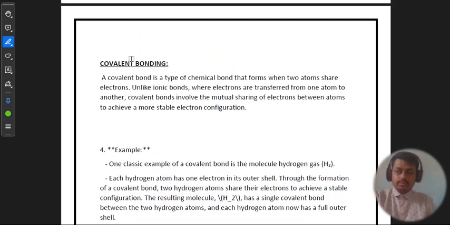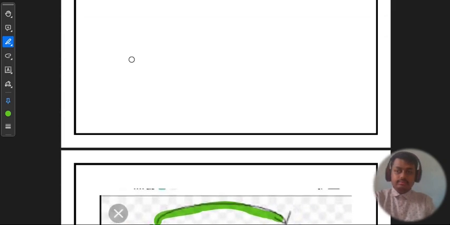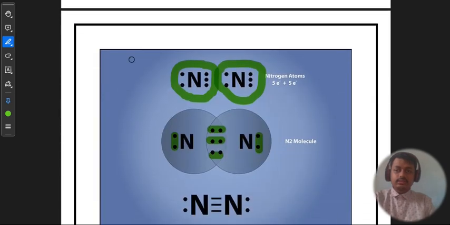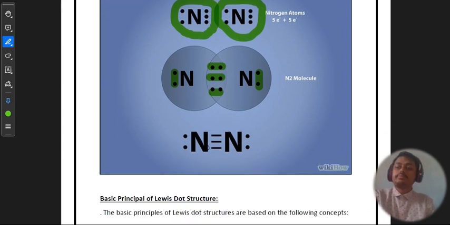If we go back to nitrogen, yes, this is an example of the nitrogen molecule. This is an example of covalent bonding where 3 electrons are shared with the other nitrogen atom, resulting in 3 covalent bonds and fulfilling the octet rule of having 8 electrons in the outermost shell.